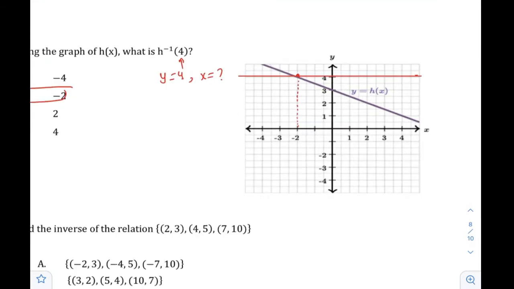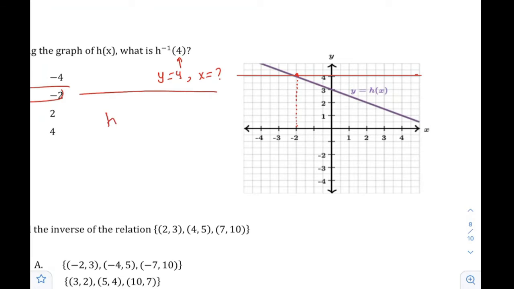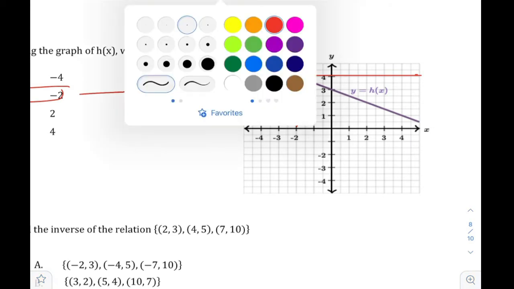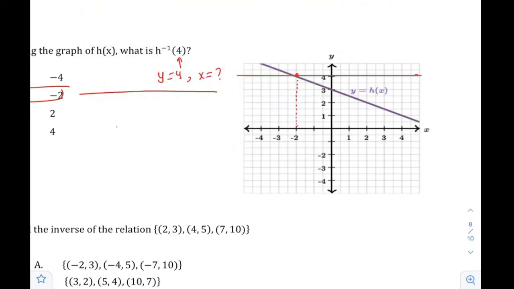Let's choose another question. What is H inverse of 3? Let's change the color and see what will happen if you were asked about H inverse of 3. This is a 3. This is the value where it intersects with the line. So I will see which x is related to this. It's 0. Okay, what is H inverse?